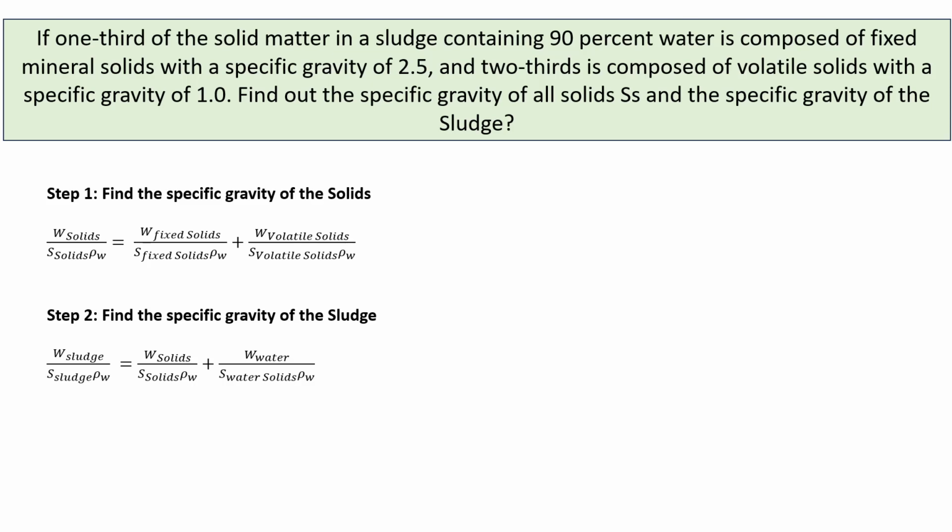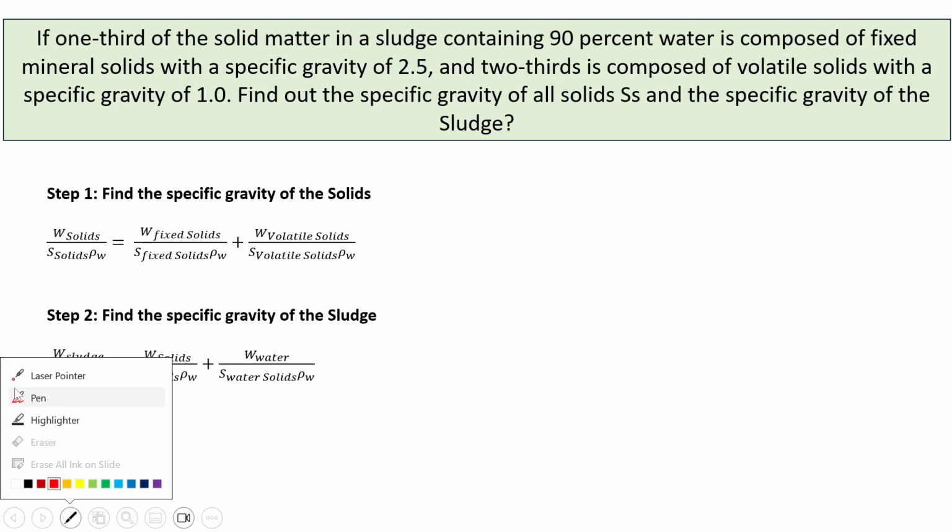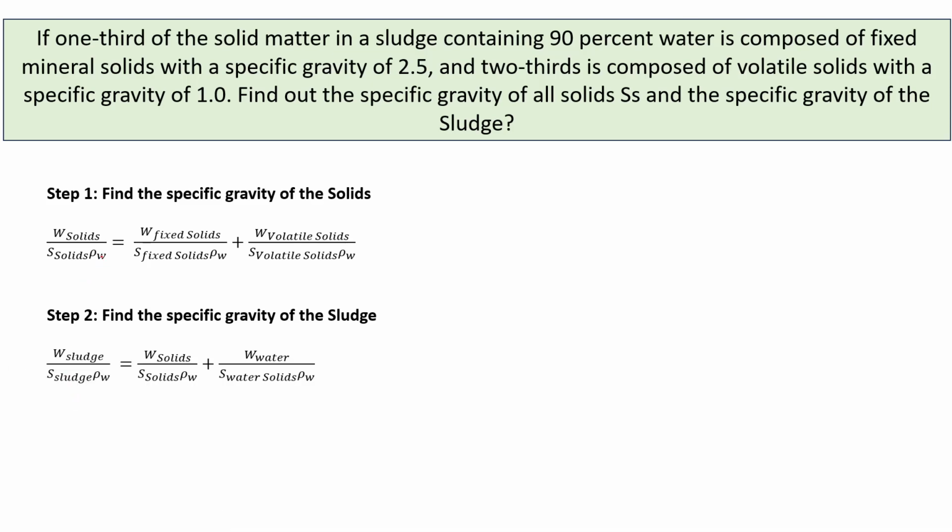But the density of water is constant in all terms, so just cancel it out. The equation now becomes weight of solids divided by specific gravity of solids equals weight of fixed solids divided by specific gravity of fixed solids plus weight of volatile solids divided by specific gravity of volatile solids. Now you know the given data. Just make the substitutions and tell me the answer.